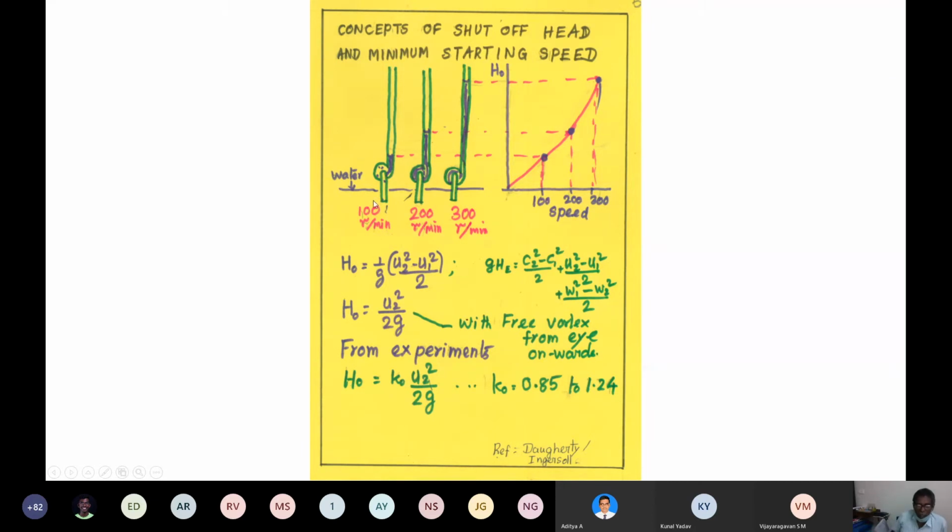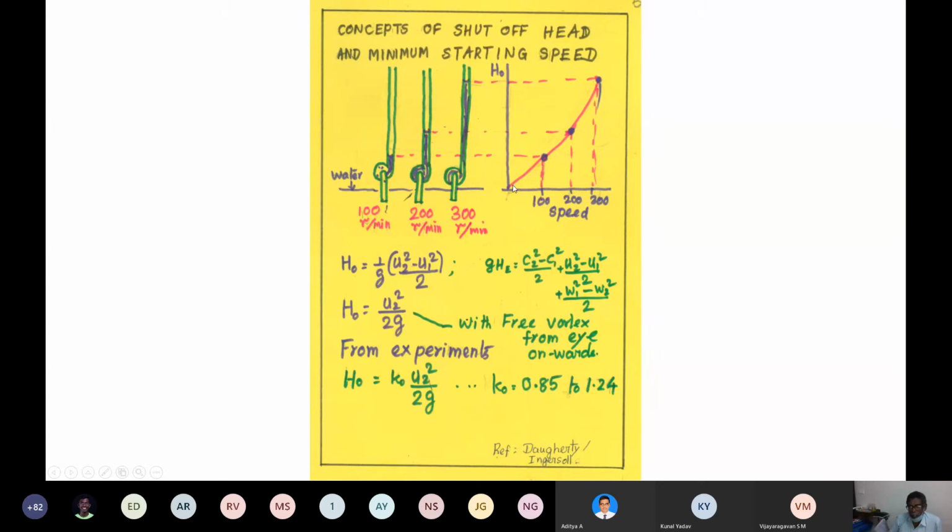When I run the pump at 100 revolutions per minute, it will have some head. When I run it at 200 revolutions per minute, it will have more head. If I run it at 300 revolutions per minute, the head is more.